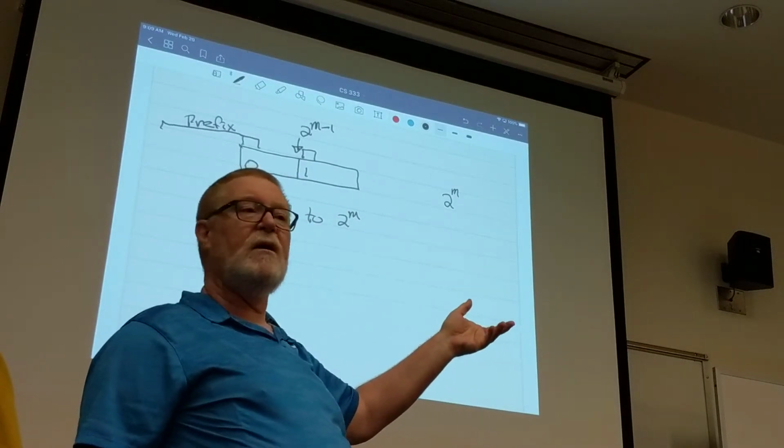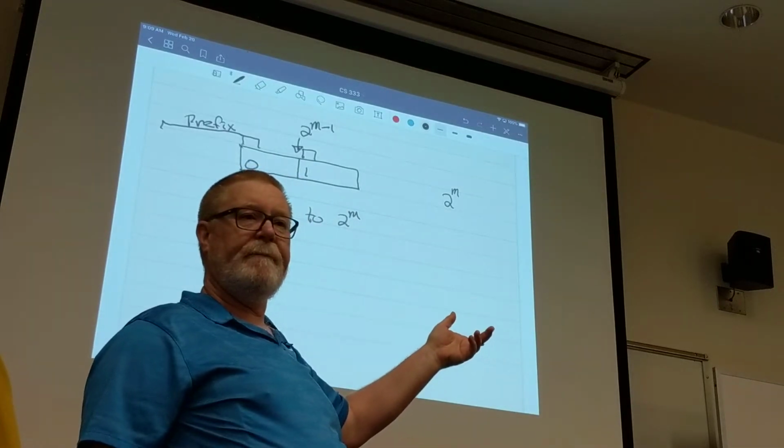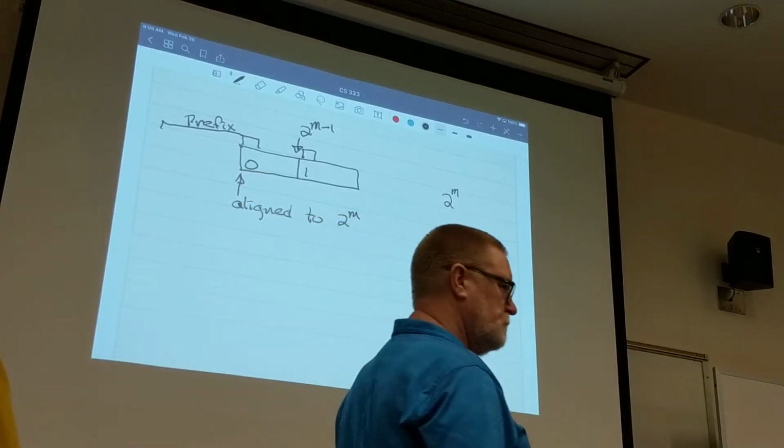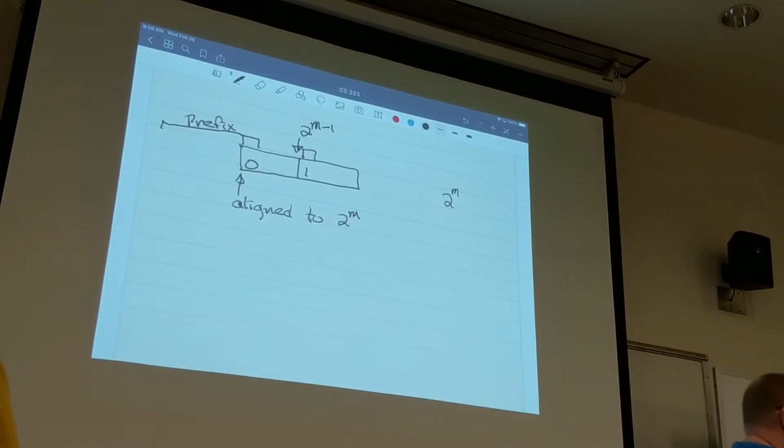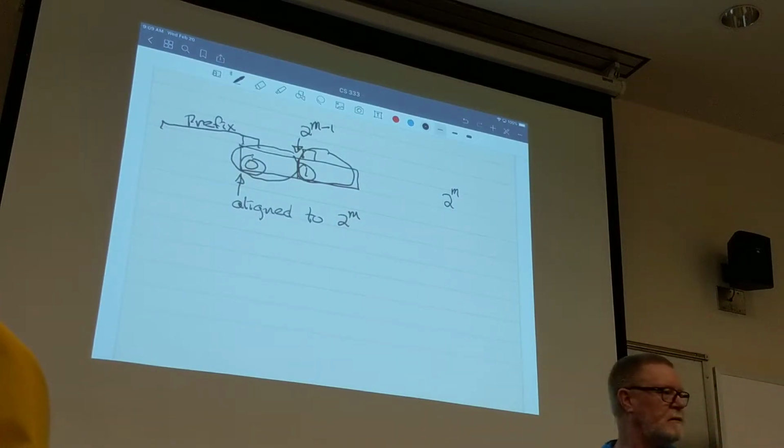One bit will be 0, one bit will be 1. Okay? Because this prefix is for this block, and this prefix is also for this block, and the next Q down, we extend the prefix one more bit, so this becomes part of the prefix for the next set down.